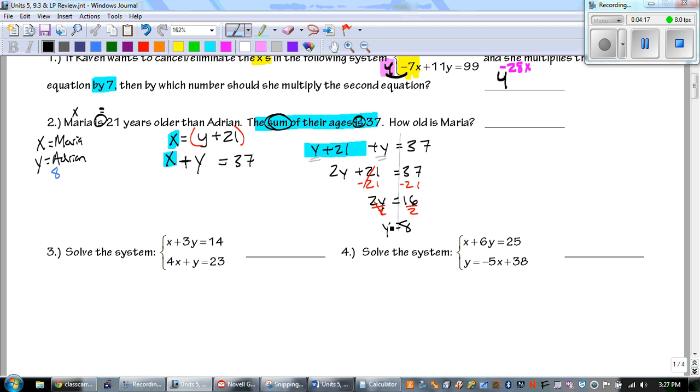So now that I know what Adrian is, I can go back into this first equation, the x equals 8 plus 21, and we find out that Maria is 29 years old. So Maria is 29, and if you want to write years old, go for it.